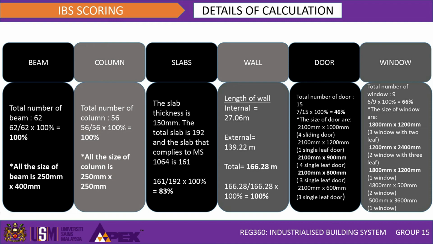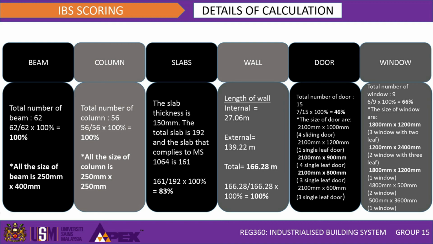And this is our detailed calculations on IBS scoring. For beam, the size is 250 times 400, and the beam that complies to MS 1064 is 62 over 62 times 100, so that one we got 100%. For column 100%, and the size is 250 times 250.